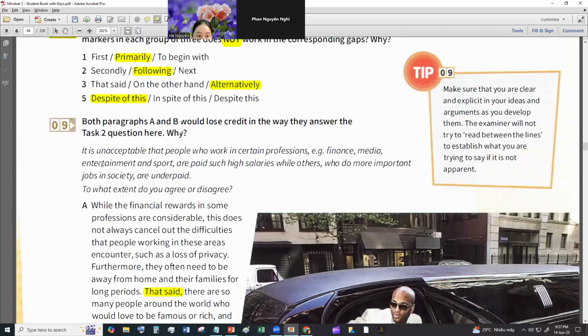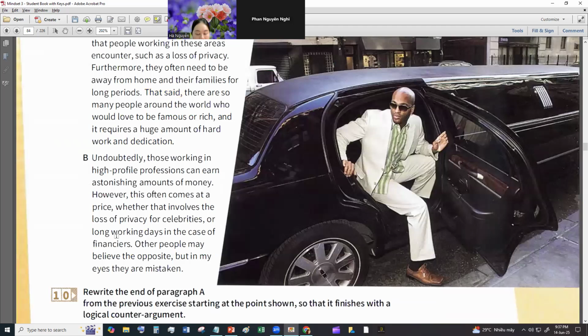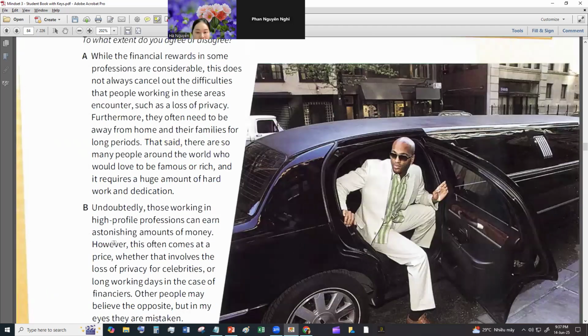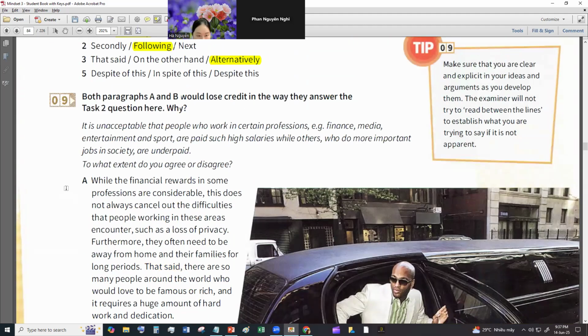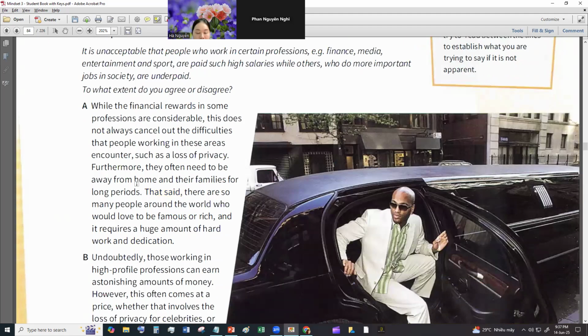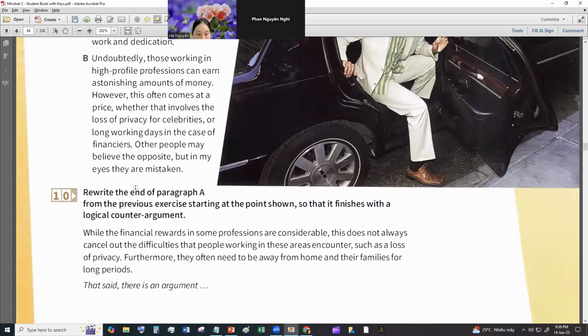Okay, so your job is to read the task carefully and to read paragraph A, paragraph B carefully and see what is the illogical thing in their answer, right? So the reason why they lose credit.